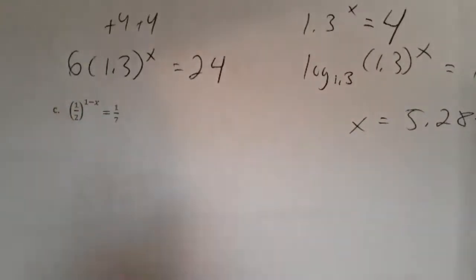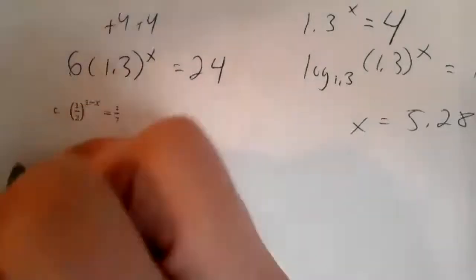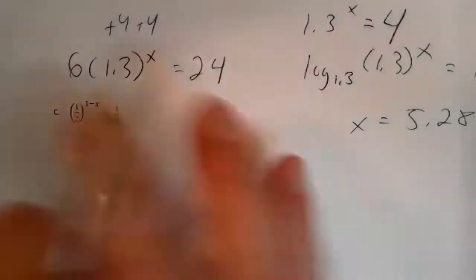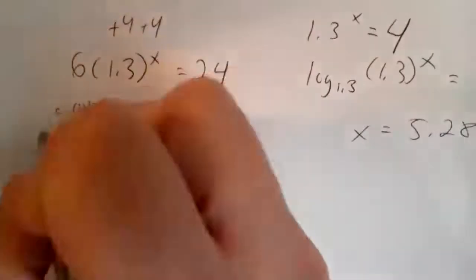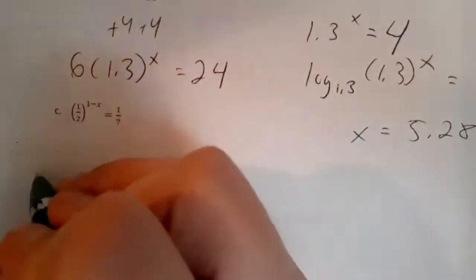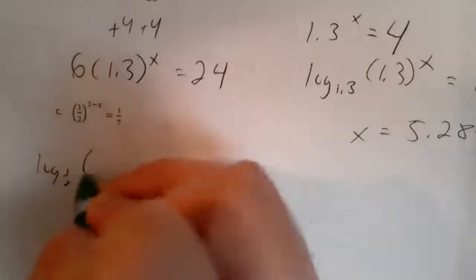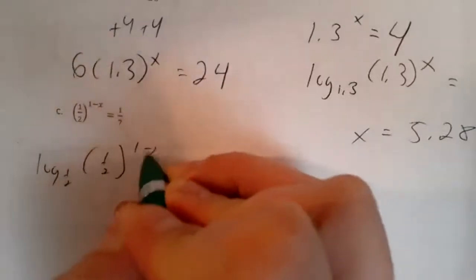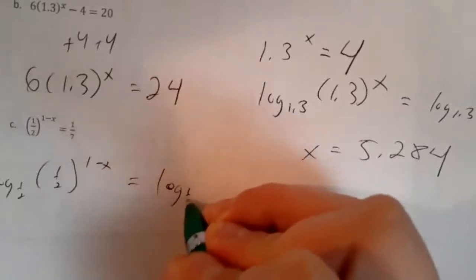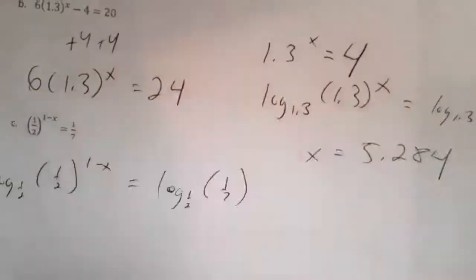It's got kind of a weird base of 1/2, but I can do the same thing I've been doing on the previous ones, and this is why I like my approach as opposed to theirs. It just seems a little quicker to get you there, but maybe I have my own biases. So if I do log base 1/2 of 1/2 to the 1 minus x, and then I do log base 1/2 of 1/7.